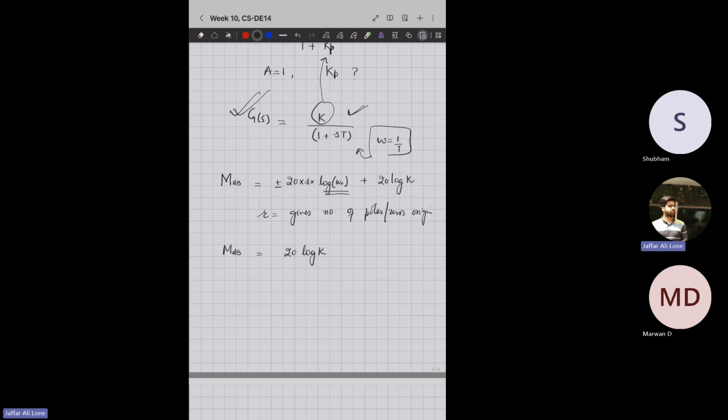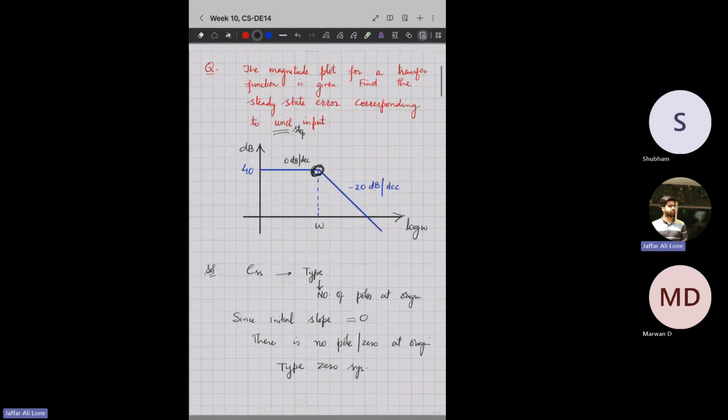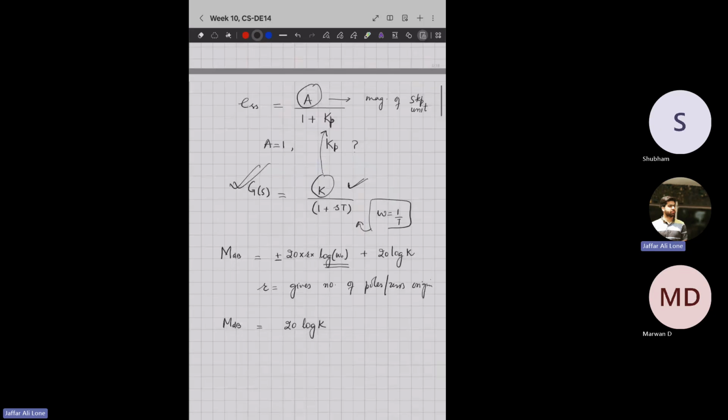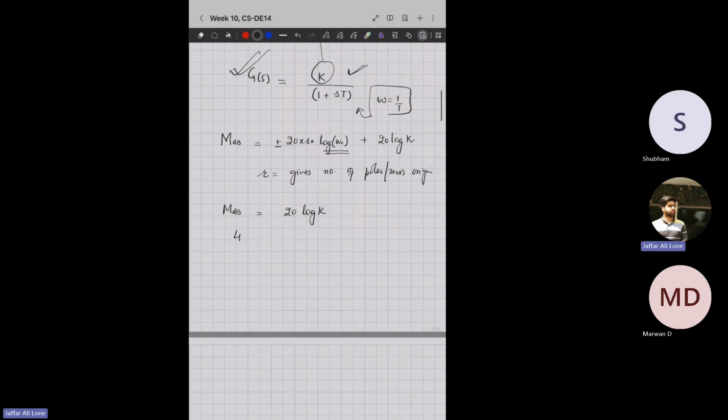This initial magnitude is given. It's 40 decibels. So my 40 is equal to 20 log of K. This 20 and 2, it means my log K is equal to 2. It means my K is equal to 10 to the power 2, which is equal to 100.